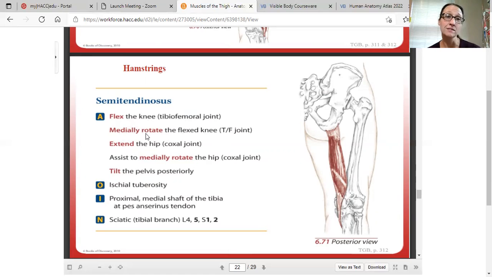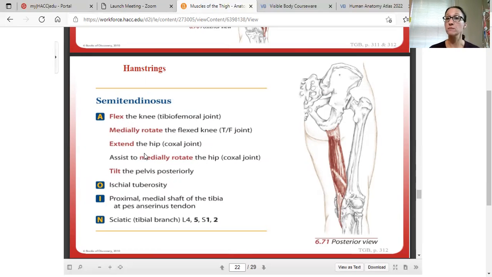These are actually really easy to remember because semitendinosus inserts medially, biceps femoris inserts laterally. So the actions kind of follow where they insert. So we have flexion of the knee and medial rotation of the flexed knee for semitendinosus.